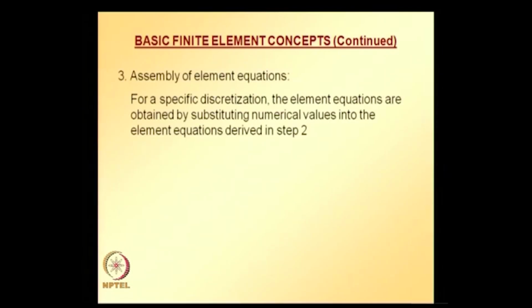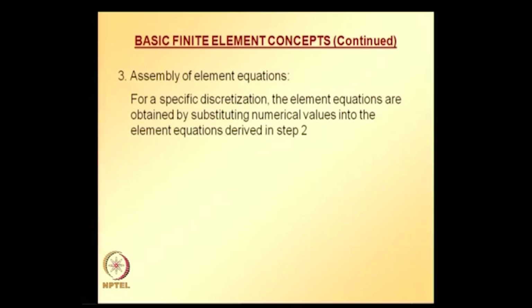And then the third step is assembly of element equations. For a specific discretization, element equations are obtained by substituting the numerical values into the element equations derived in step 1.